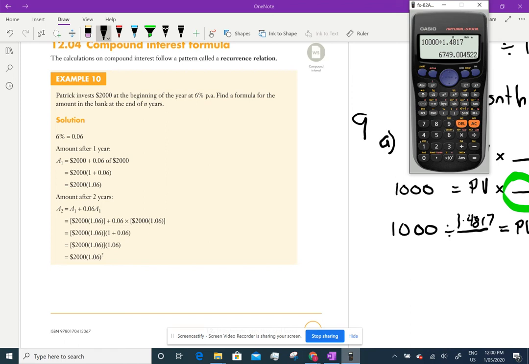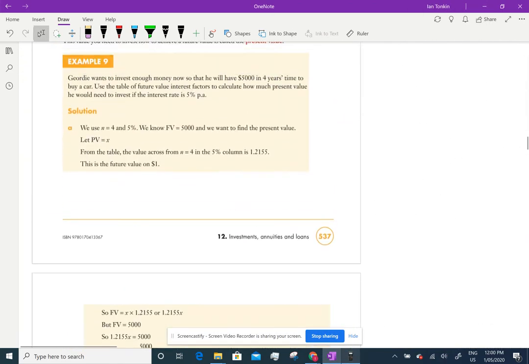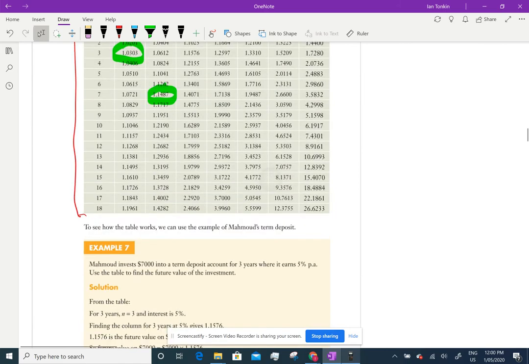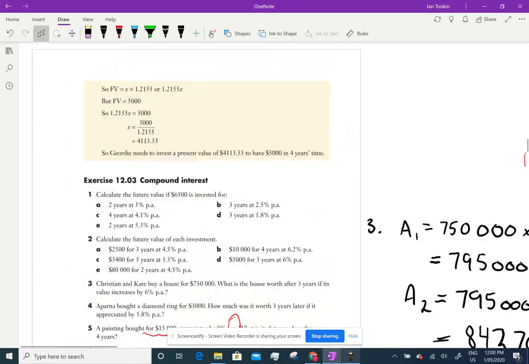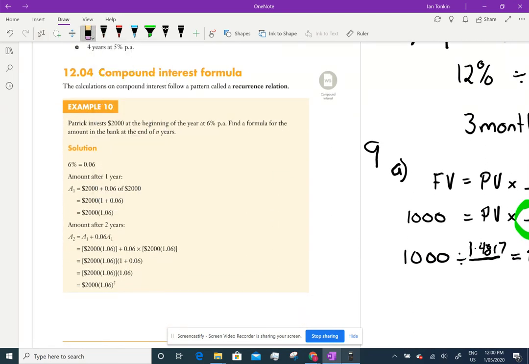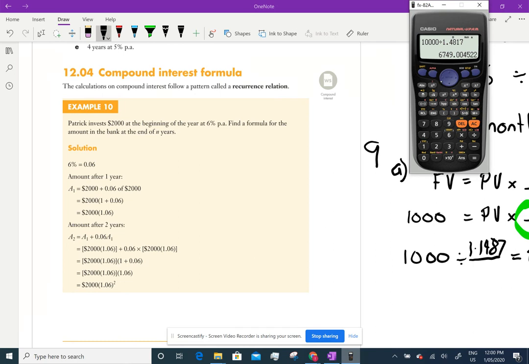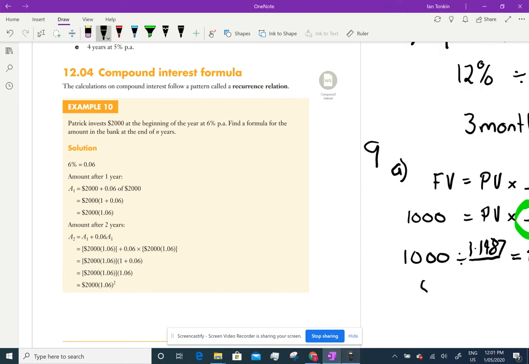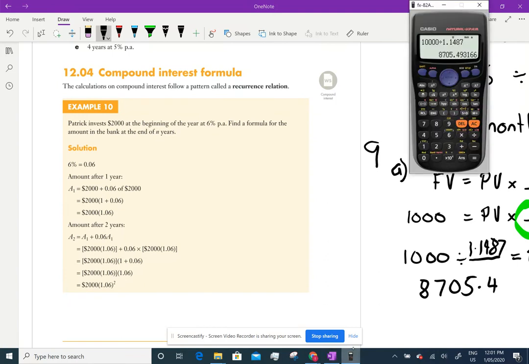Got it wrong again. Did I type it in wrong? Goodness me. I hate tables. 1.1487. Calculator. And that's the right answer: 8,705.49.